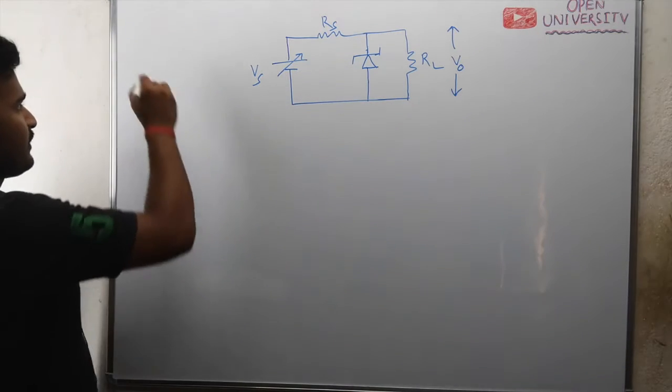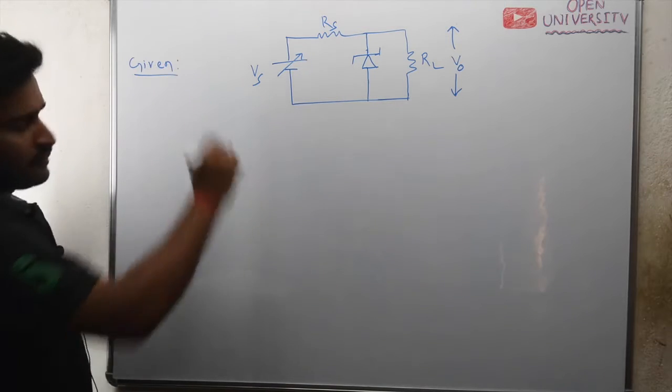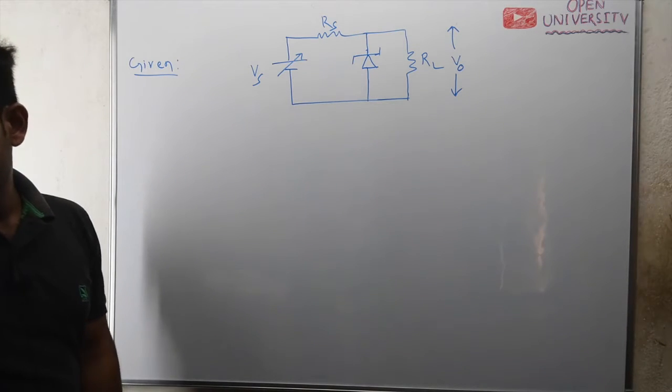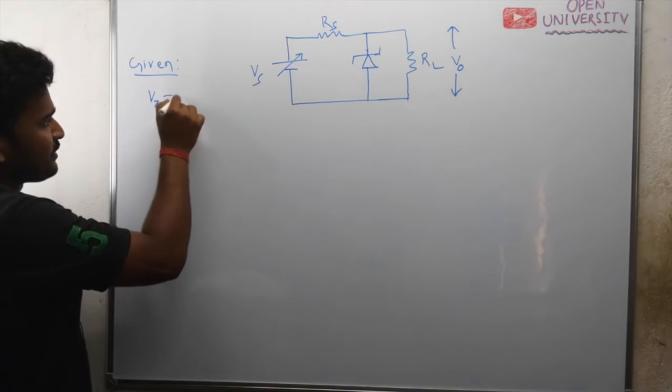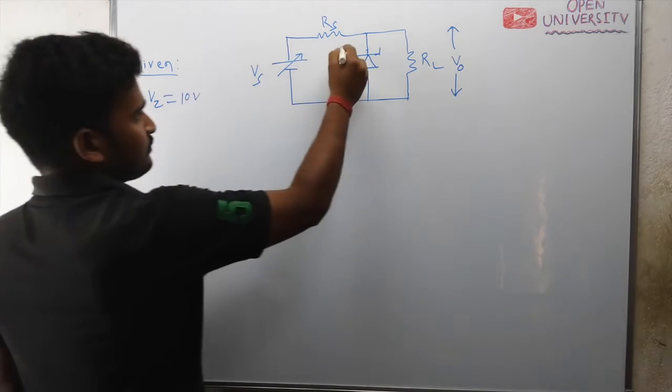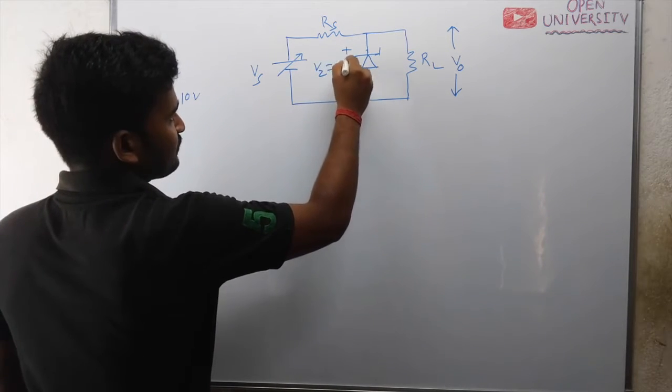What are the data given? It is given that in the circuit shown, Zener diode has breakdown voltage 10 volt.